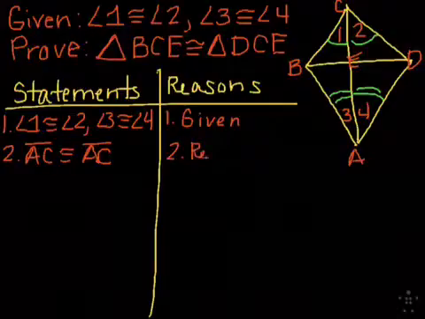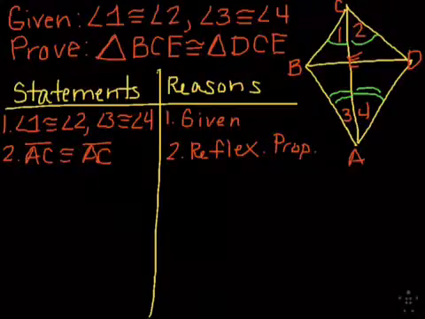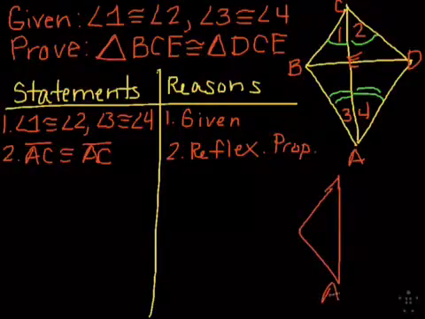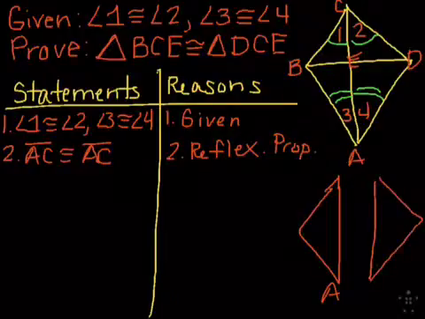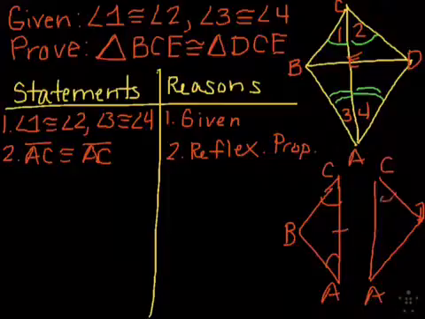That's by the reflexive property. So I'm going to show that the big triangles here, we've shown that these 2 big triangles are congruent to each other. By angle, side, angle.